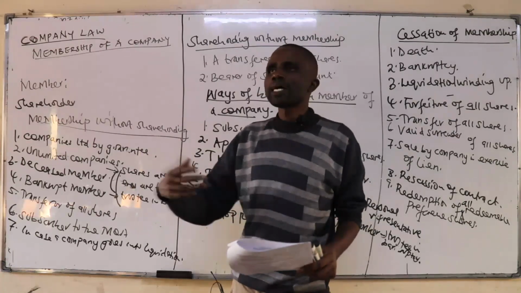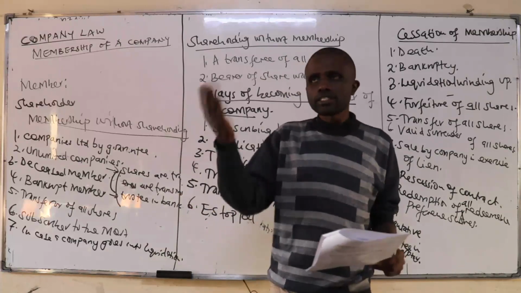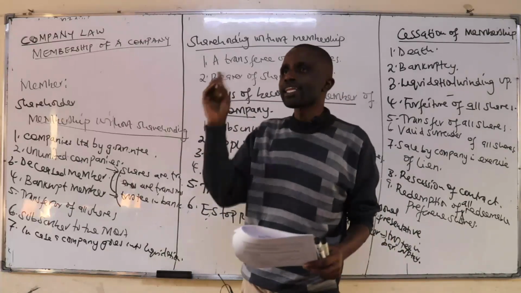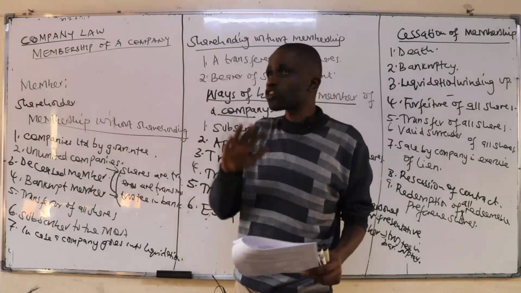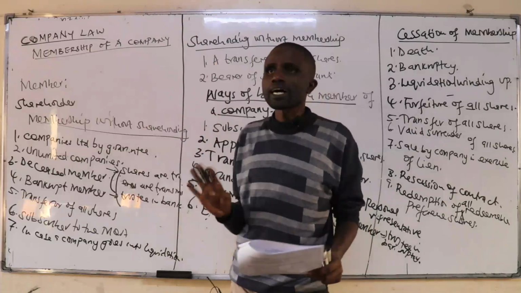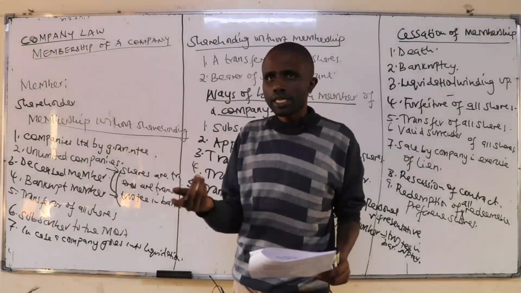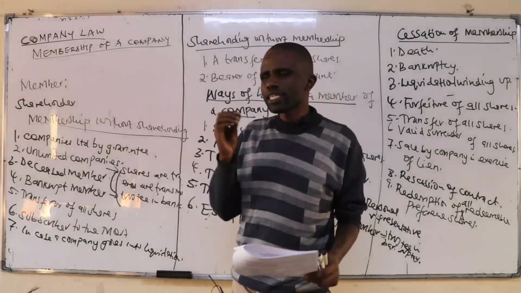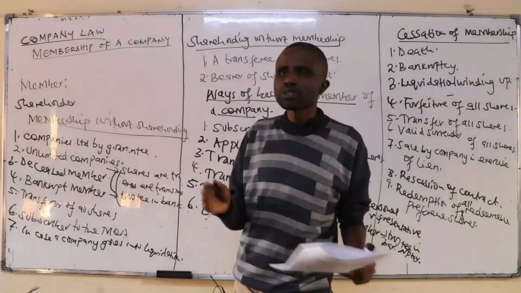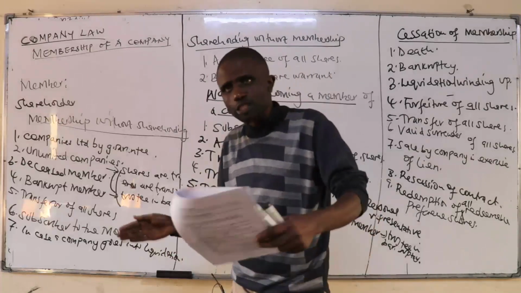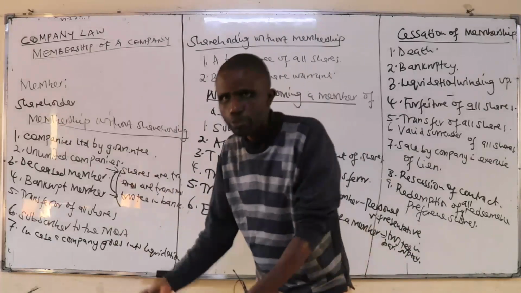If the company buys back the shares that it had issued to you, and they are redeemable preference shares. Not all shares can be bought back. Indeed, it's illegal for a company to buy back its own shares. But in that topic of share capital, we will be saying it is illegal for a company to reduce its share capital. Exceptions.